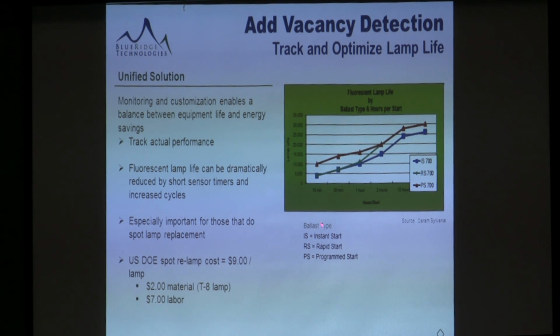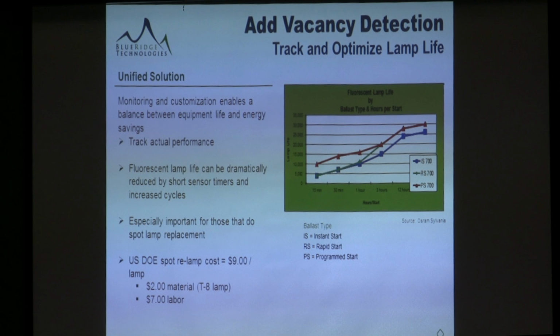The problem with that is that when you start adding, say, occupancy sensors to that, the life of those lamps is dramatically reduced. This is not the case when you go to LEDs, but if you have fluorescents, I've seen a lot of customers decide to go down the occupancy sensor path and put occupancy sensors in their buildings, not realizing that all of their fixtures are instant start ballasted fixtures, and all of a sudden they start complaining about poor lamp life.